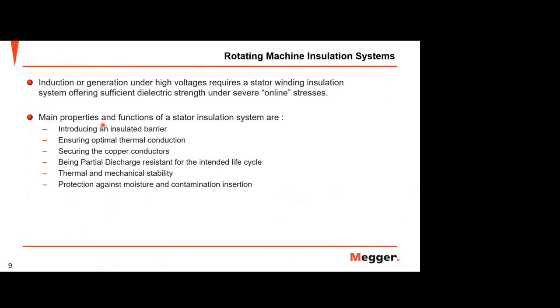The main properties and functions of the stator insulation system, if you see, here are some purposes. It is used to introduce an insulated barrier, to ensure optimal thermal conduction, to secure the copper conductor, and to be partial discharge resistant for the intended life cycle, and to provide thermal and mechanical stability.